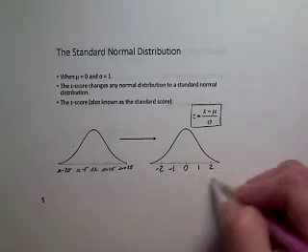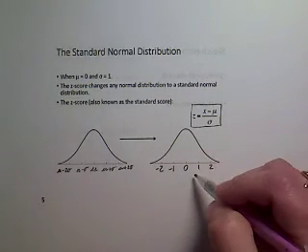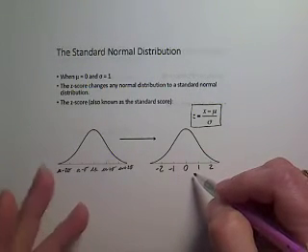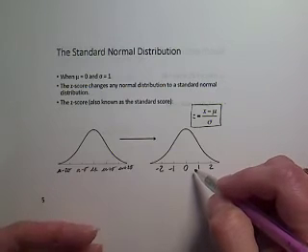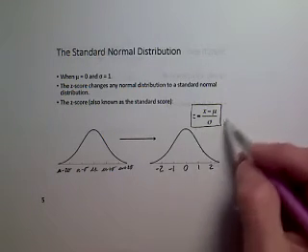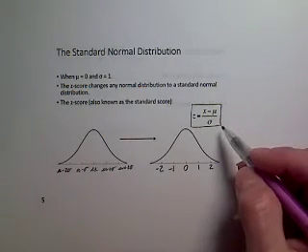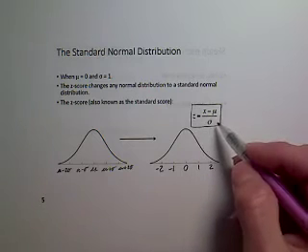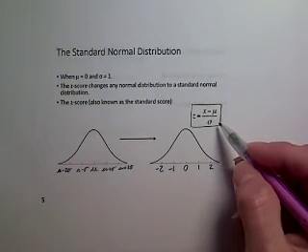And so this standardizes all of the work to be the same so that we can use the same tables for all problems, no matter what their mu and sigma are, because z is going to do all the work for us. So this guy is super important. Z is x minus mu over sigma. Always. It's nice. It's a beautiful thing.